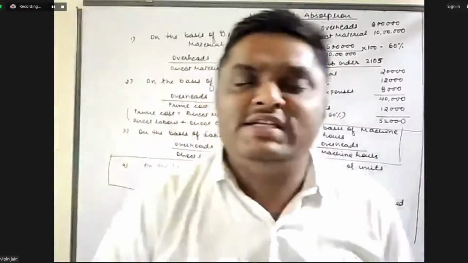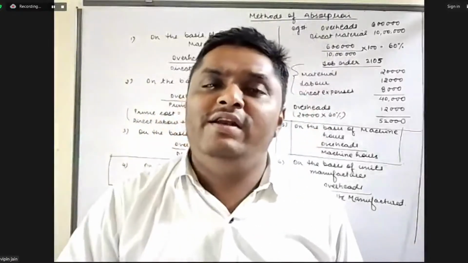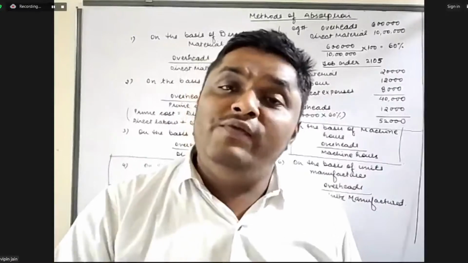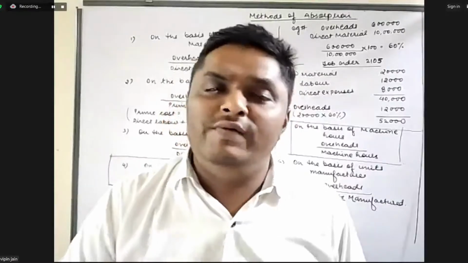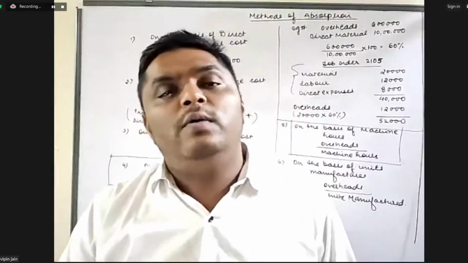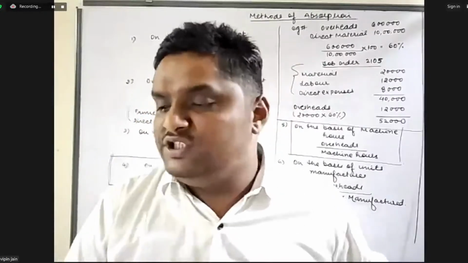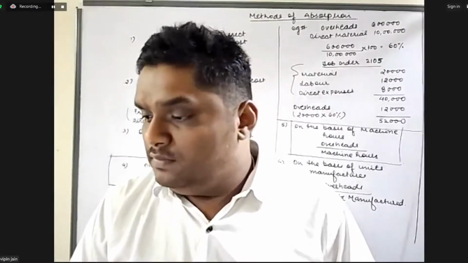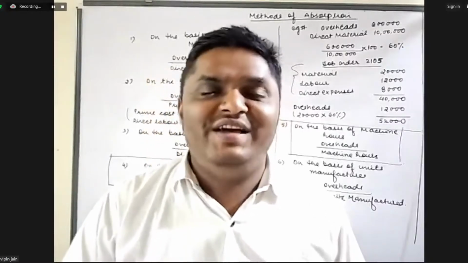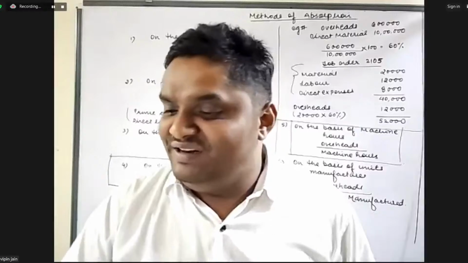So these are the various methods for absorption of overhead wherein we calculate the absorption rate. So further, what will be the basis of absorption? It will always be given in the question, but if it is not given, then overheads are to be absorbed on the basis of either labor hours or machine hours. The question will specify what will be the basis of absorption.